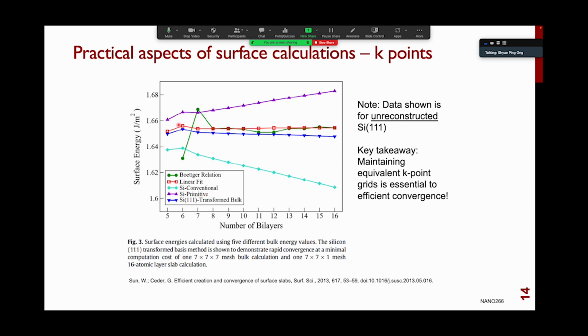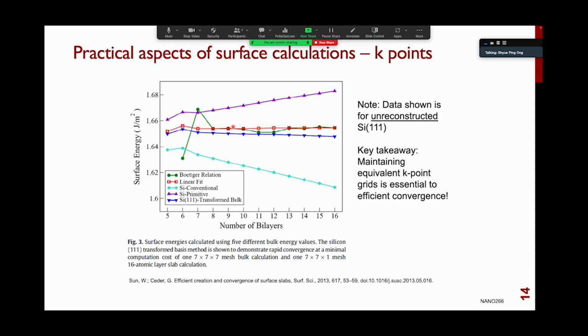You will see that if you don't maintain equivalent K-point grids, so remember that your K-point grid is the reciprocal of your surface size, of your lattice parameter, then as you increase the lattice size, you need to ensure that your K-point grid is also maintained.